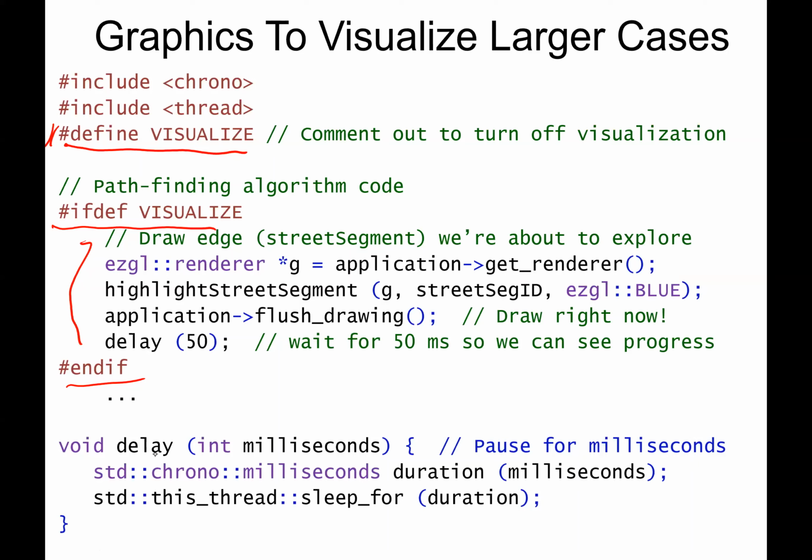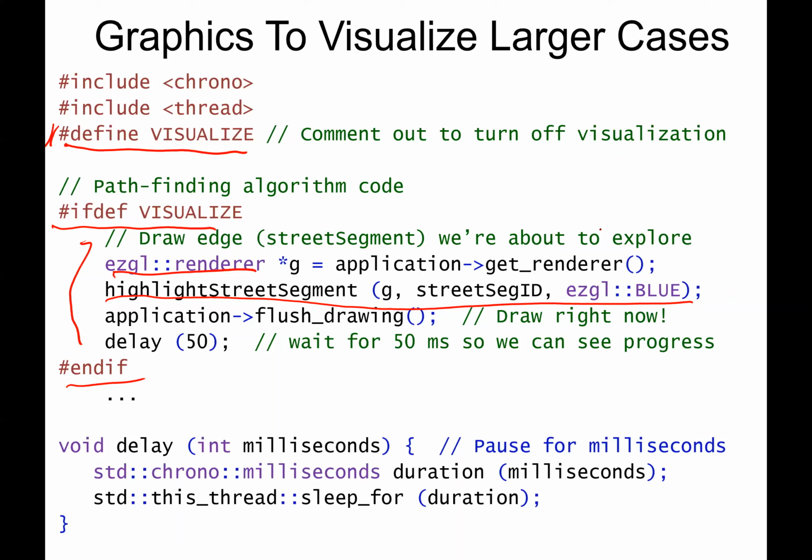Okay, what does the visualization code actually look like? We're basically saying, give me the renderer, the EasyGL renderer, and then we're highlighting street segments. So we're just saying draw a street segment, and it's a street segment we're about to explore. In our animation solutions, every time we're putting something into the wavefront, actually, I think we're taking something out of the wavefront, we draw the street segment that we used to get there.